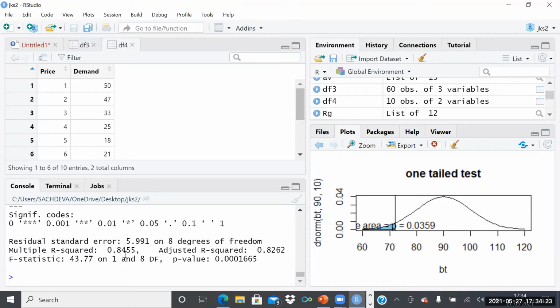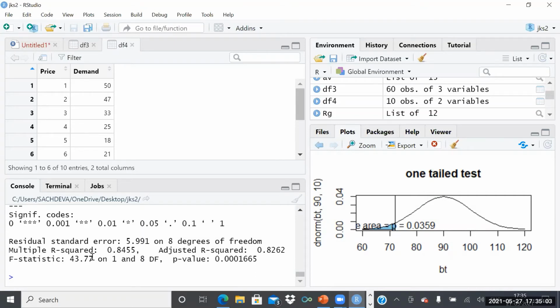It means there is an error of 15.45. So if you want to forecast the demand with this model, there will be an error of 15.45%, because demand is explained by price only 84.55%. Demand does not depend only upon price. There are many other things. So that is why this R squared is 84.5.